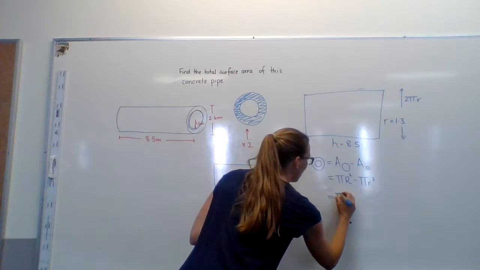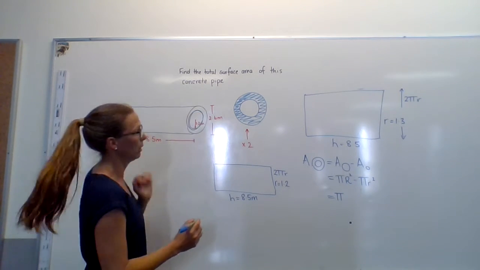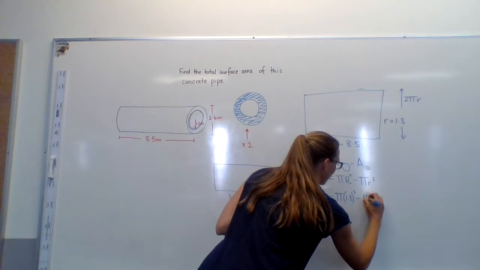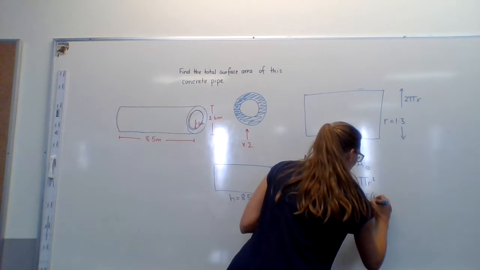So I've got pi, the radius of the big circle is half the diameter, 1.3, and the radius of the small one is 1.2.